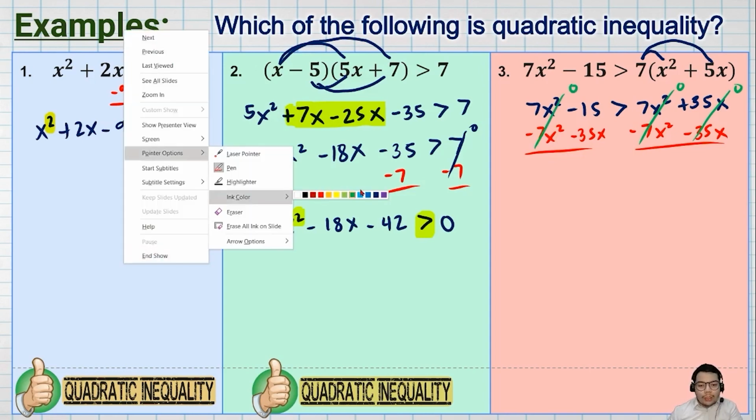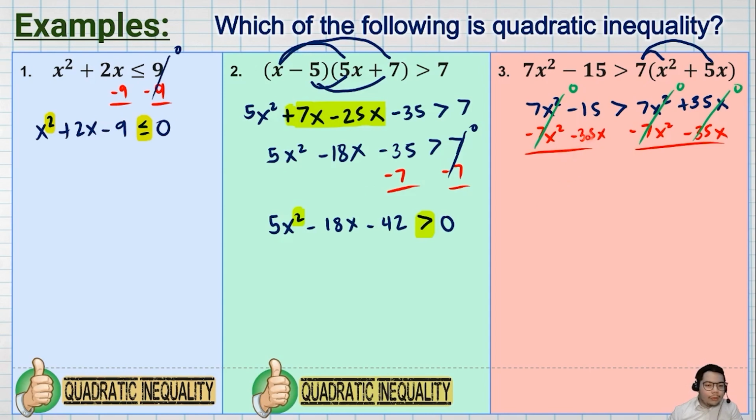Therefore, our resulting inequality now will be, since hindi natin pwedeng i-combine si negative 15 at negative 35x dahil hindi naman sila similar, we can just copy both of them. So, making it negative 35x minus 15 is greater than 0.